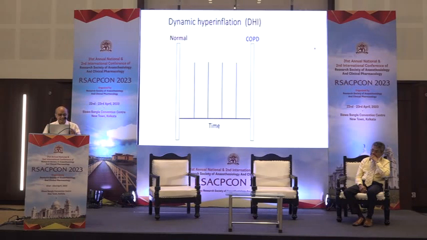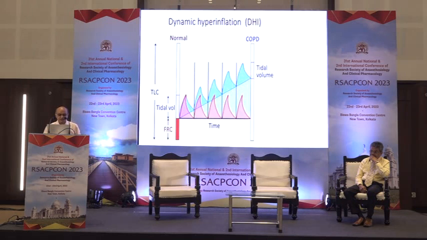So if you look at this diagram, this is the normal tidal volume which the patient is breathing at. This is the normal FRC, and this is the total lung capacity. With hyperdynamic inflation, you will find with each respiratory breath, the tidal volume will slowly come down or may be the same, but the functional residual capacity increases remarkably, though the total lung capacity cannot exceed what it is.